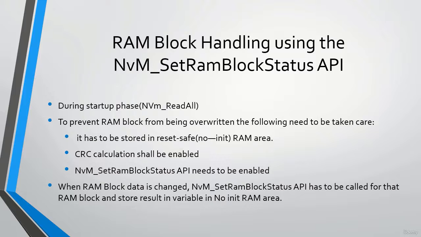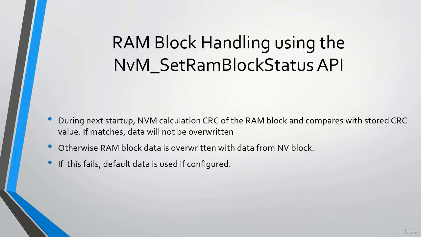Then only can we effectively use this feature to set the status of the RAM block and retrieve it during the next startup phase. Now, if this fails, we will load the default data if we have configured that. So if overwriting with the data from the NV block is failing, then we have to go for the last option, which is to take the default data if it is configured.